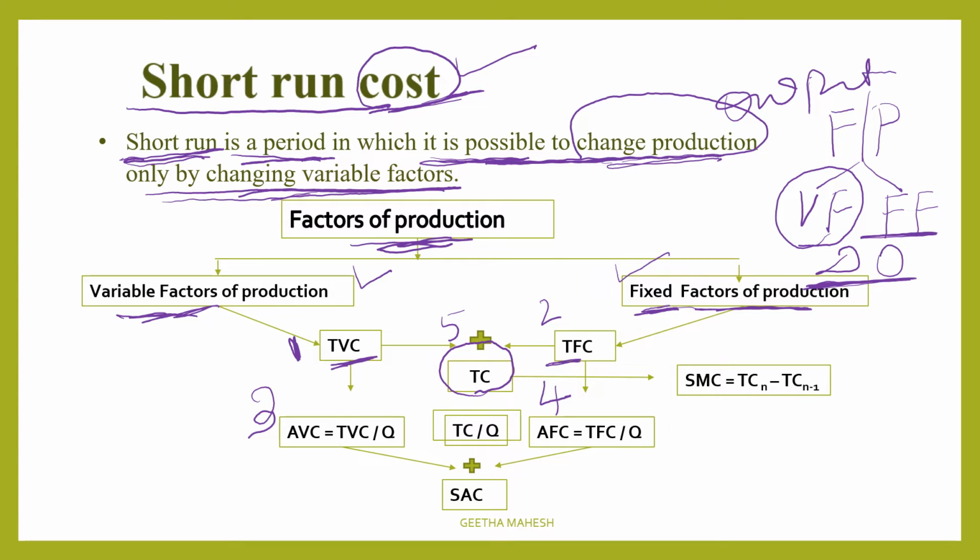Then when you find the average of total cost, you will get short run average cost.